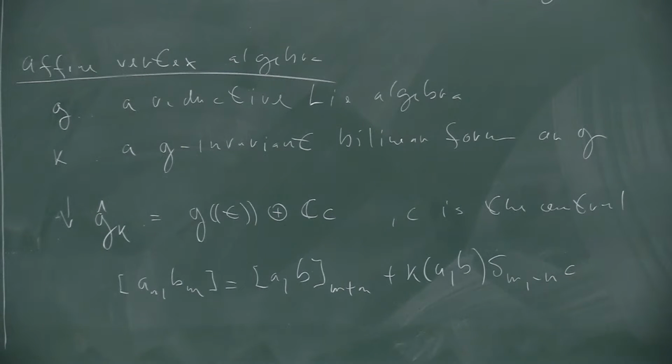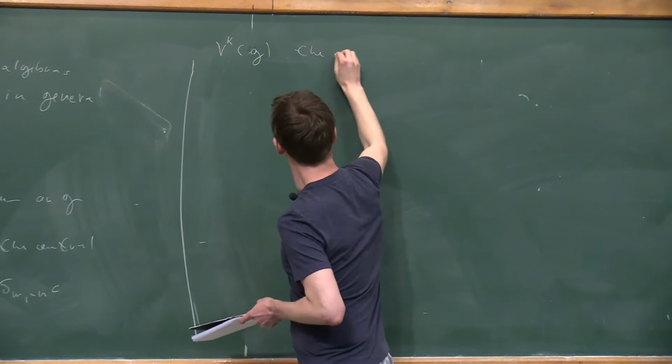If I have this affine Kac-Moody algebra, I can assign the corresponding universal affine vertex algebra.